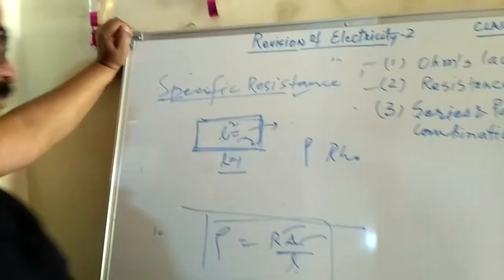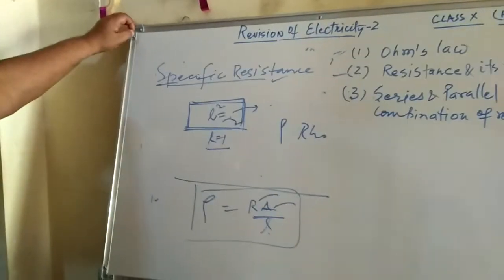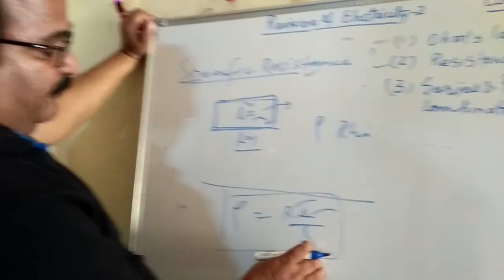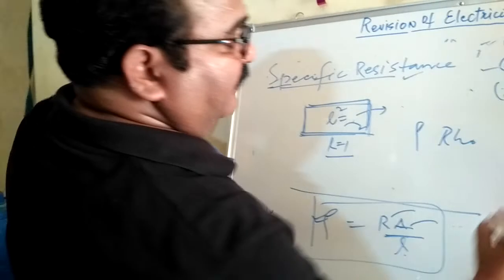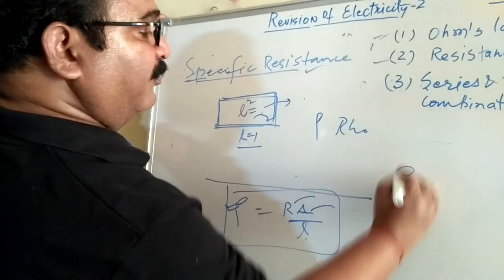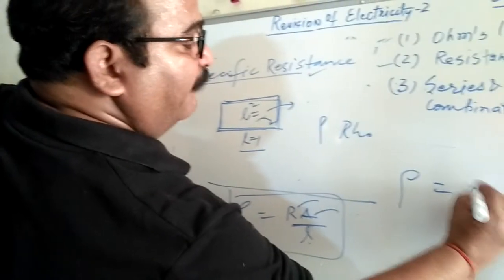From this formula, we can easily calculate the value of rho, the specific resistance. Its SI unit is ohm meter.